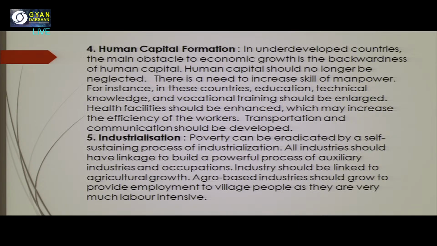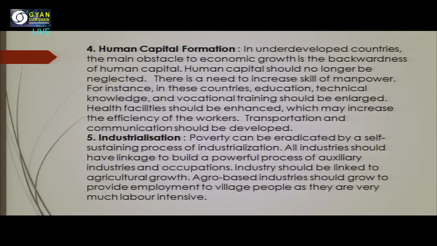Then human capital formation. As you know, India has an abundant resource in terms of human capital. Right. The only problem that mars the human capital of India is the lack of skill, the lack of knowledge. So proper skill training, proper building up the capacity of the human capital is needed in order to lift the people out of poverty.